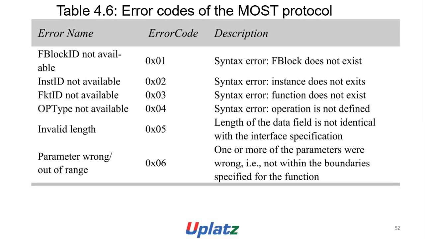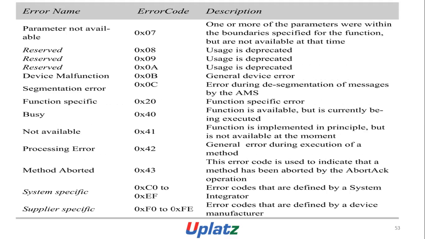Length invalid, 0x05, length of data field is not identical with the interface specification. Parameter wrong, out of range, 0x06, one or more parameters were wrong, that is not within the boundaries of the specified function. Parameter not available, 0x07, one or more of the parameters were within the boundaries specified by the function but not available at that time.